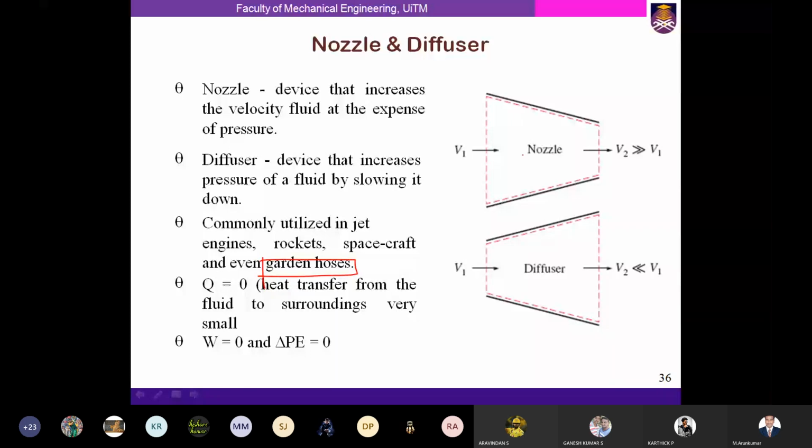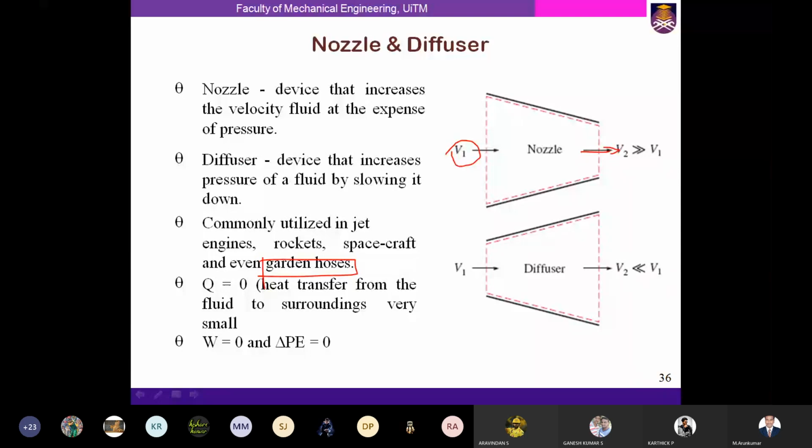The velocity of the water will be less in the flow, but by coming through the nozzle, the velocity gets increased. Because of that only we can have fast water. So these are the applications of nozzles and diffusers, where we use the steady flow energy equation. The flow will be in steady flow, steady state.